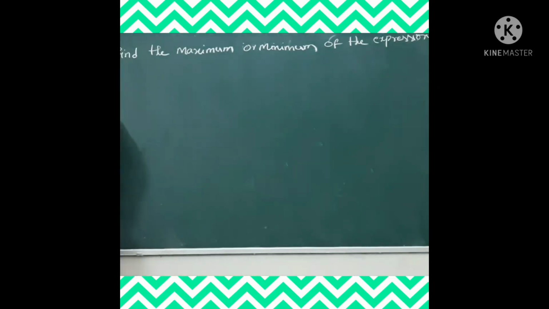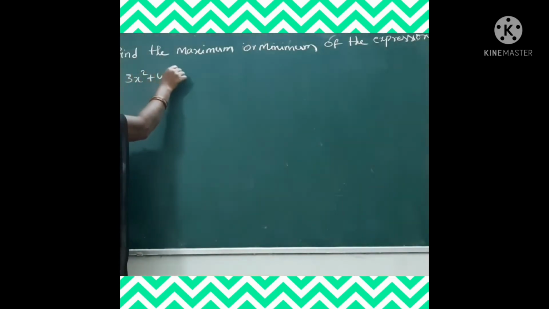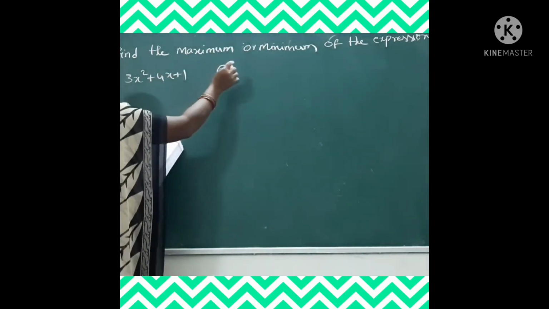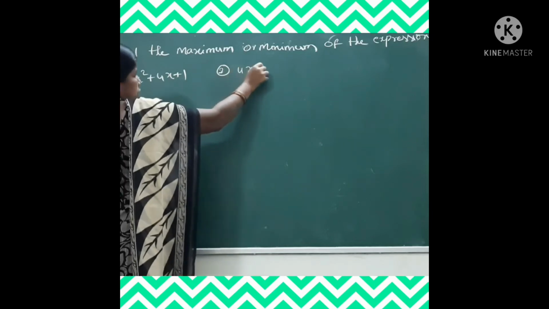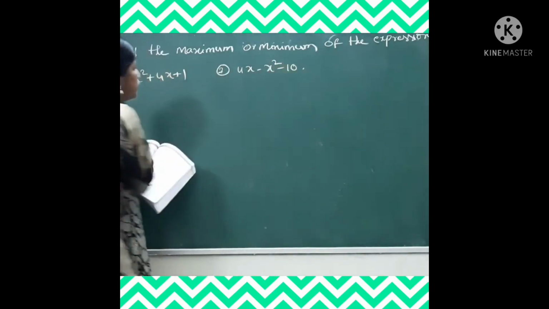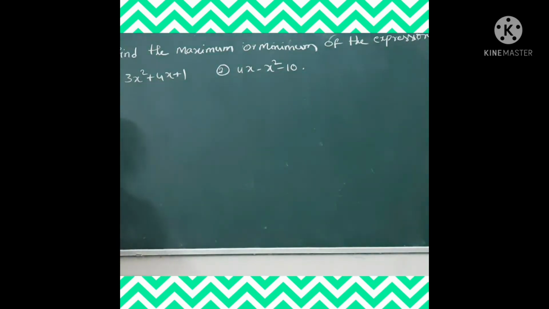First one is 3x square plus 4x plus 1 and second one is 4x minus x square minus 2. Given the expressions, find out the maximum or minimum value. We find the maximum or minimum of these two equations separately, first and second.